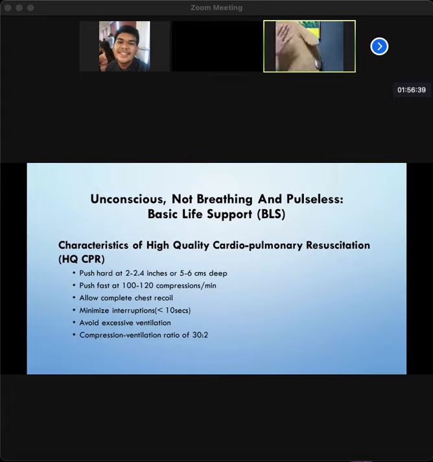Or in between your nipple line. Pwede rin. Okay? Hindi pwedeng dito, hindi pwedeng dito. Here. At the xiphoid level, here. Okay? And then push it like that. Not like that. Kasi you have to push as deep as 2 to 2.4 inches.